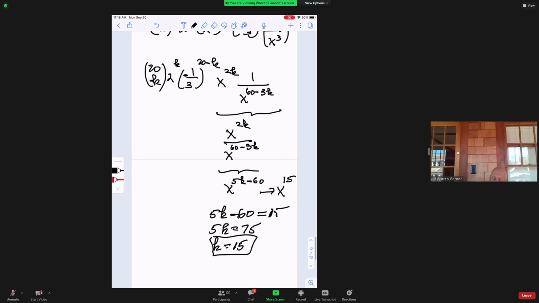Okay. So that means the coefficient, if I wanted to find it, would be 20 choose 15, 2 to the 15th, times minus 1 over 3 to the 5th, since 20 minus k is 5, or the coefficient would be minus 20 choose 15, 2 to the 15th, over 3 to the 5th, if I work that out.